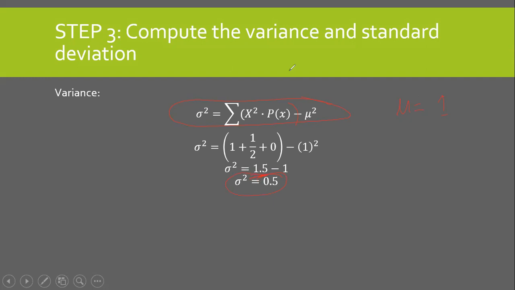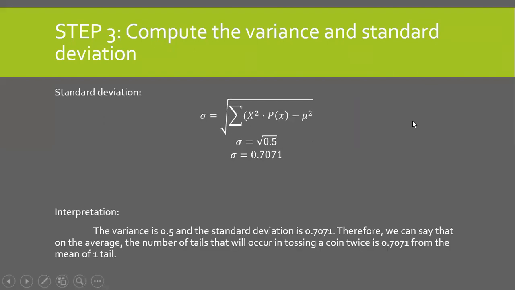But that is just for variance. Next, let's compute the value for our standard deviation. The standard deviation is given by the formula. We already solved the variance earlier, and that is equal to 0.5. If we substitute that, we have sigma is equal to the square root of 0.5.